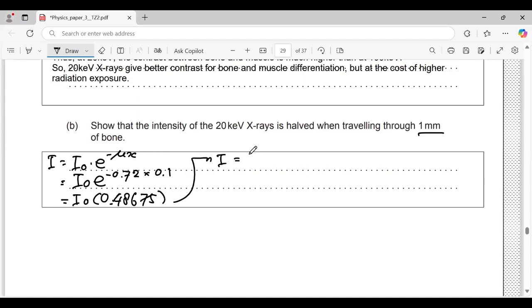So I equals I0 times 0.5, or I equals half I0.